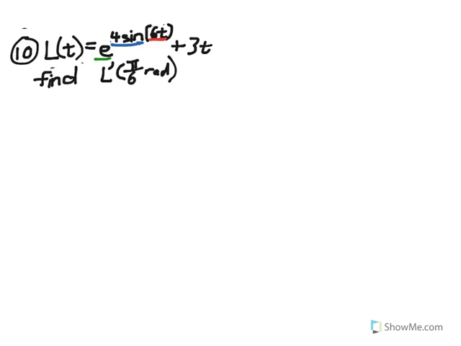Alrighty, so we've got dL dt, well actually I called it L prime. So L prime is going to be the derivative with respect to t of the quantity e to the 4 sine quantity 6t plus 3t.